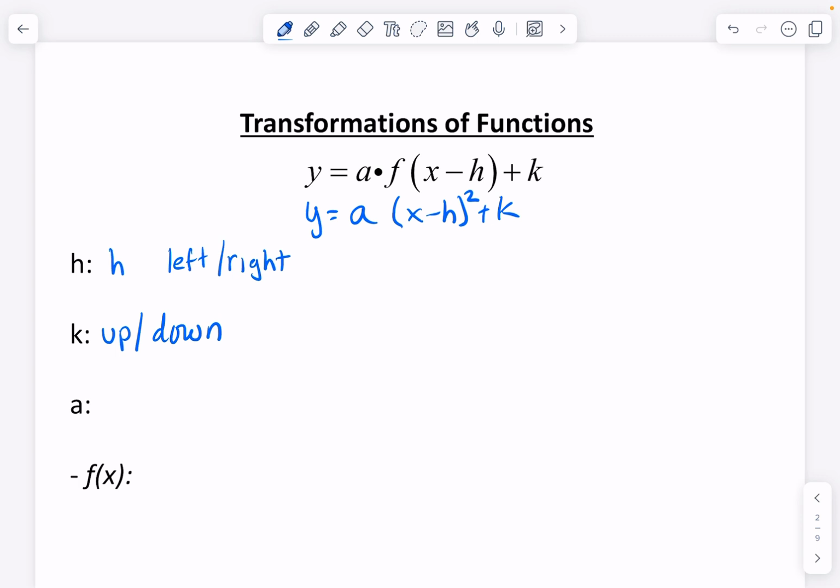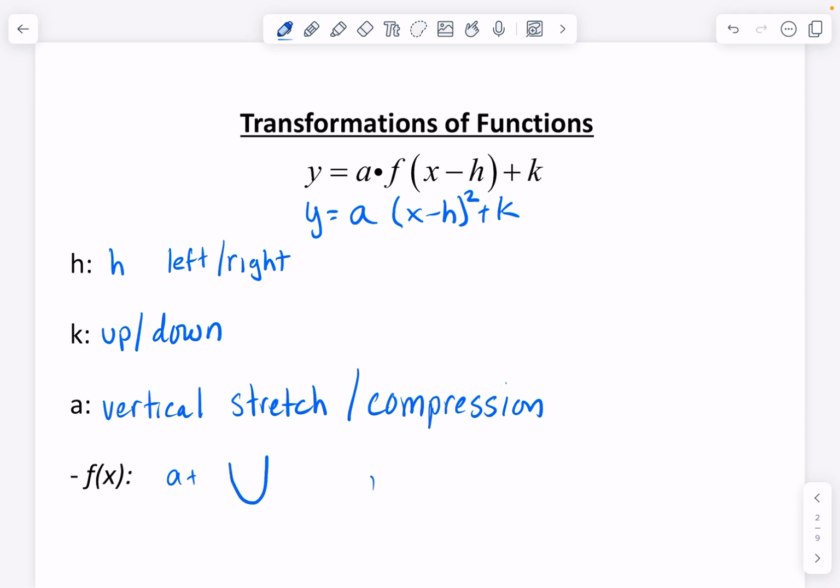A is going to be a vertical stretch or compression. And then the negative: if A is positive, we open up. If A is negative, our parabola is going to open down.